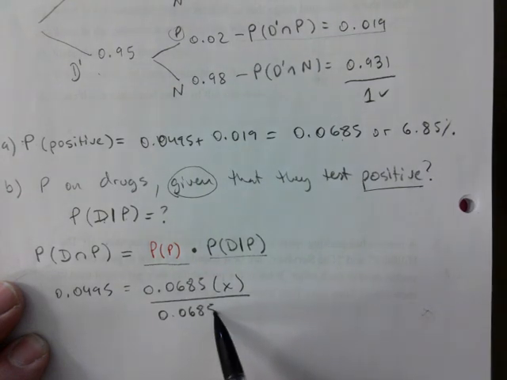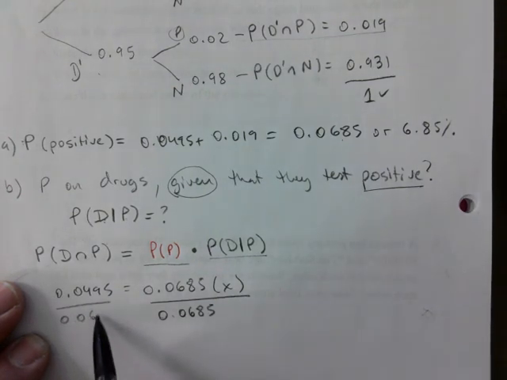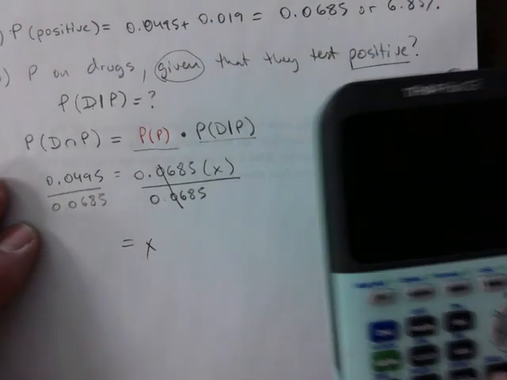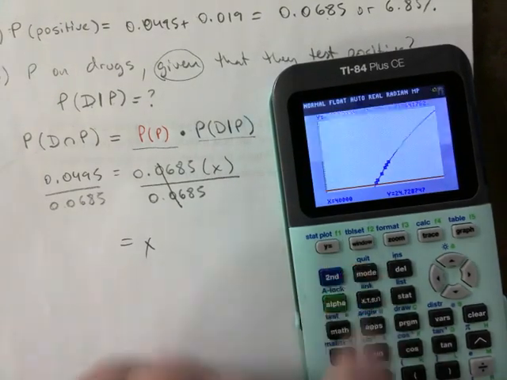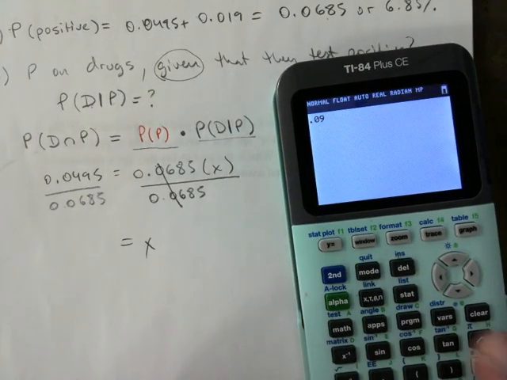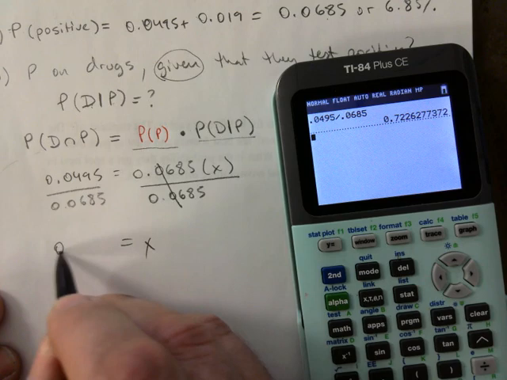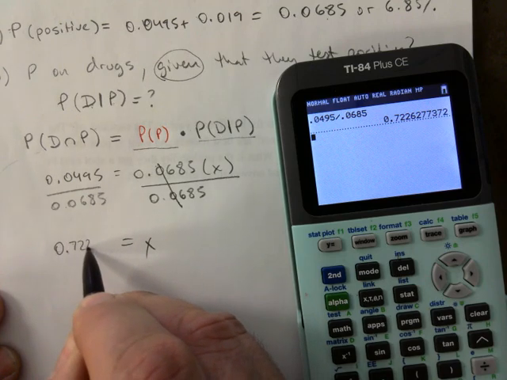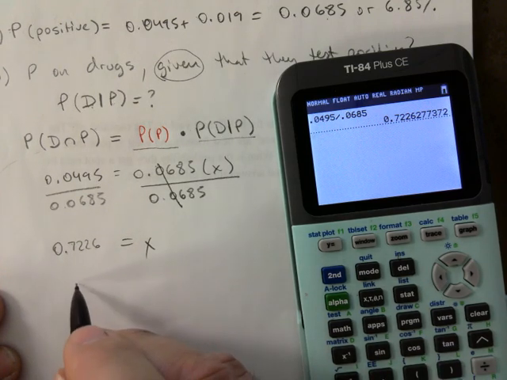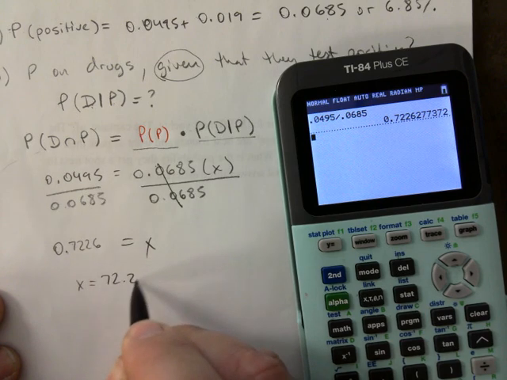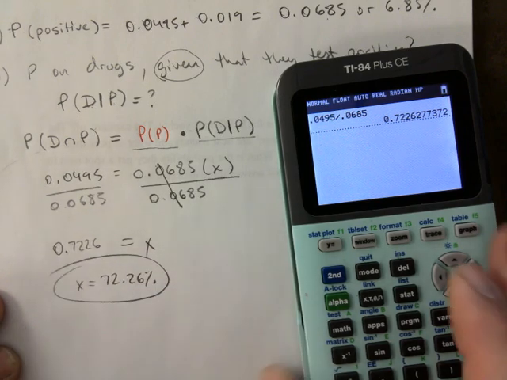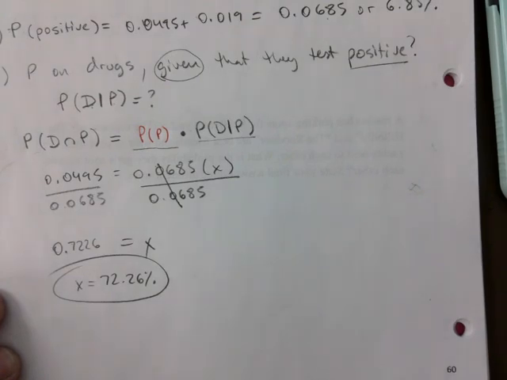And we're just going to divide both sides by that, cancel out, and that is 0.0495 divided by 0.0685. And that is 0.7226, which is 72.26%. And that would be it.